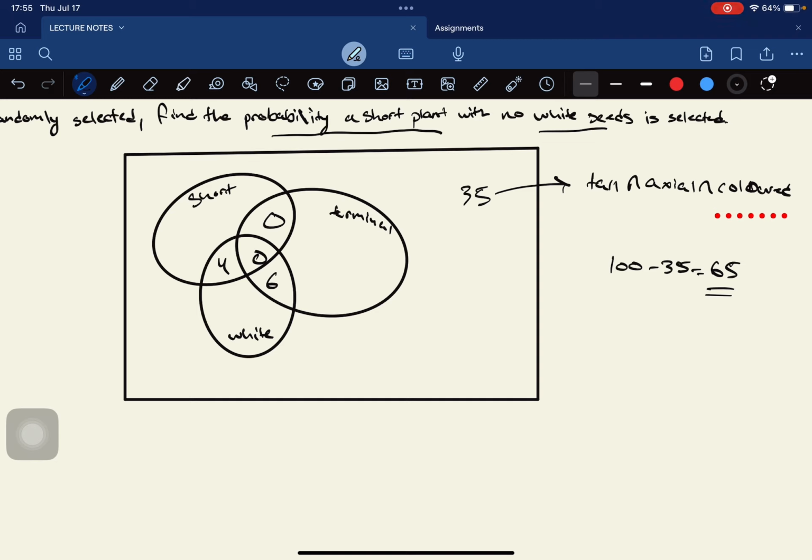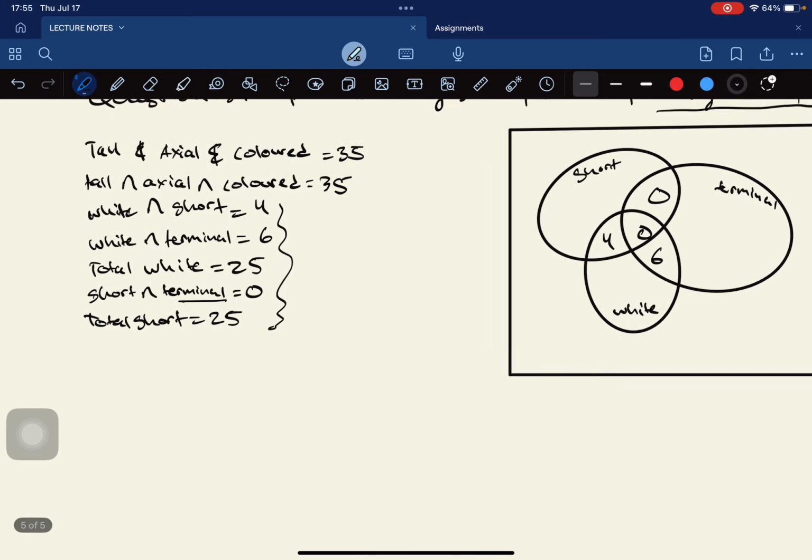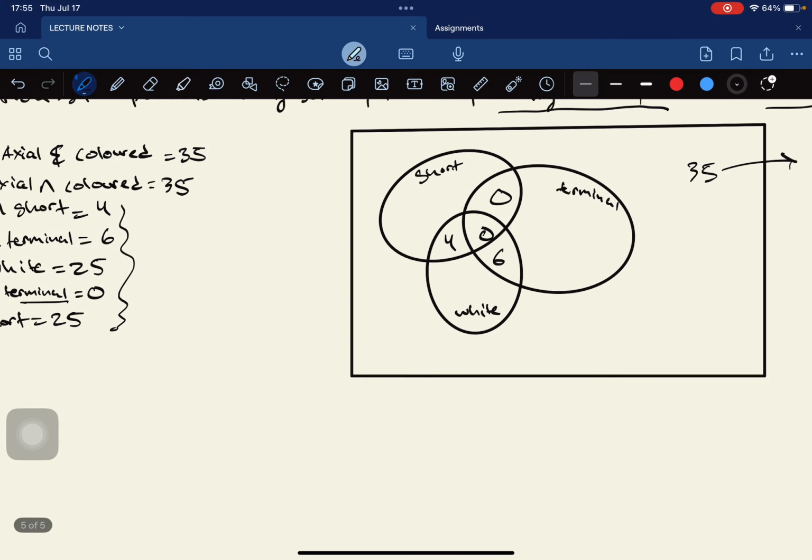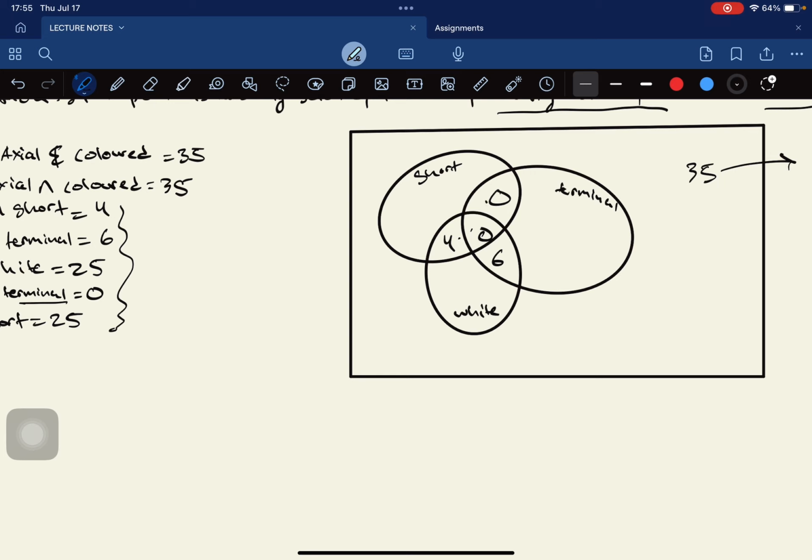But we'll come back to that. Let's focus on short, white, and terminal first. So for short, the total we had was 25. However, since we had these middle intersections, we have to subtract all of them.